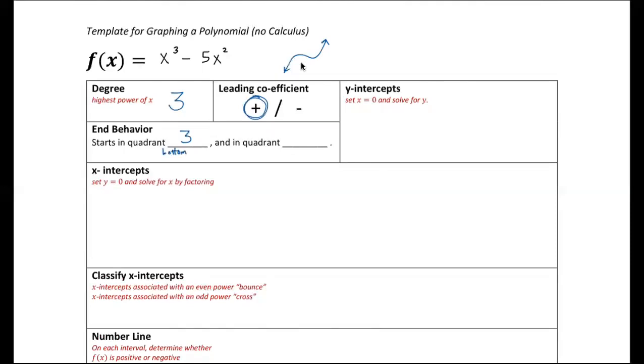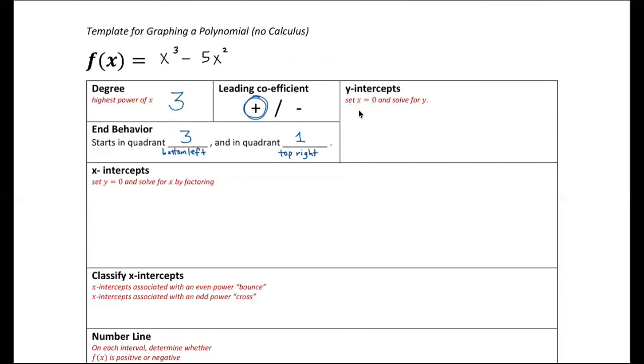And it's going to end in quadrant 1, which is the top right. So already just from looking at the degree and the leading coefficient, I can know a lot about what the behavior of this is going to look like. But there are a few more things I can do to help make my graph more accurate.